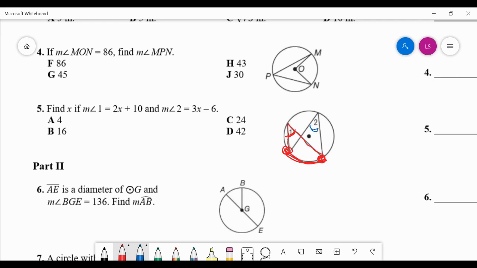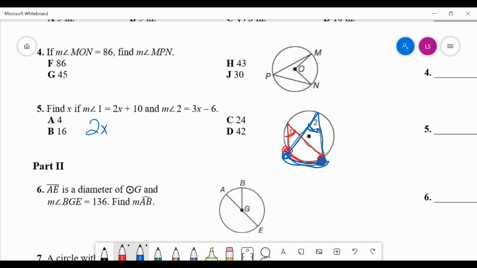Angle 2 is here, and notice that it intercepts the same arc. Since they intercept the same arc, they have to be the same angle because they are both inscribed angles. So they're equal to each other.